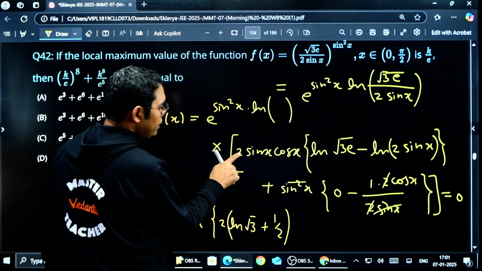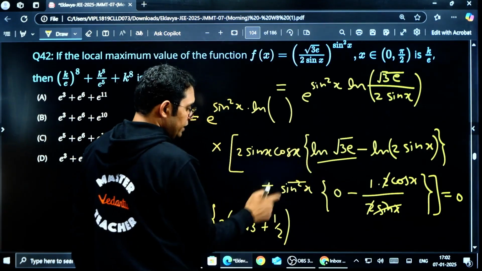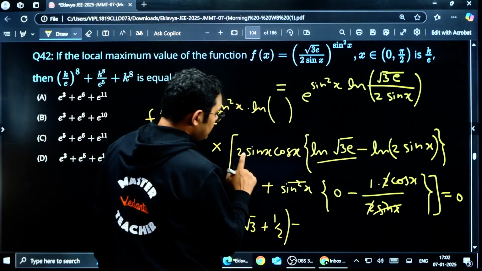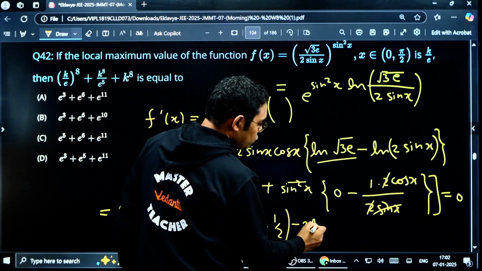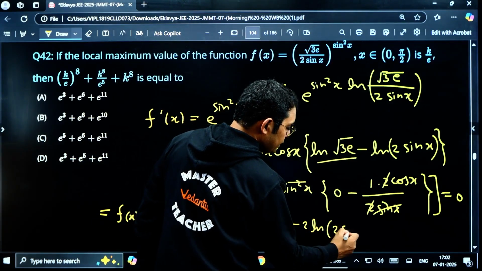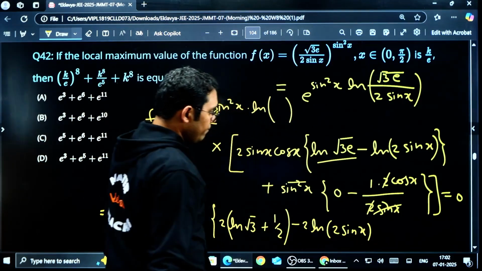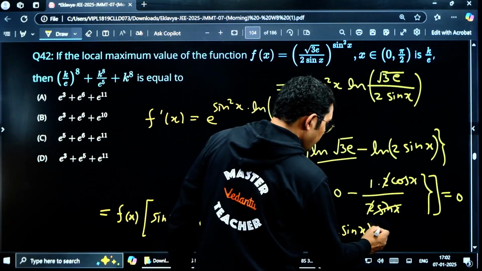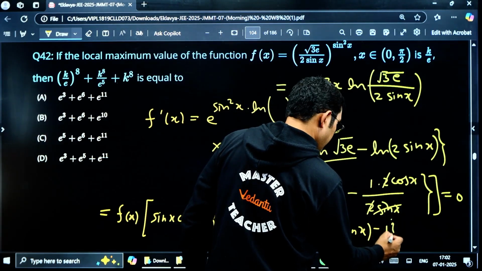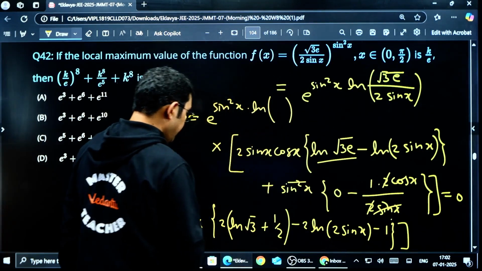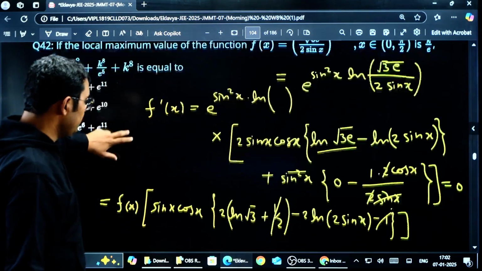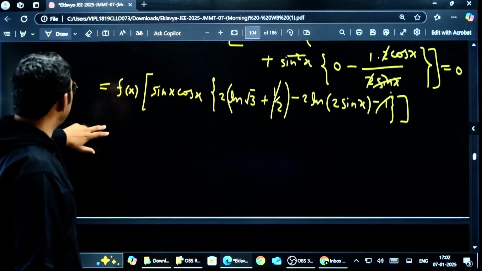I have multiplied this 2 with this thing which is ln of root 3 plus ln of root e which is 1 upon 2, minus this 2 will be multiplied with this which is 2 ln 2 sine x. And because sin x cos x is common, so minus 1 only. So you can see this 1 is actually getting cancelled here. So this is the derivative.